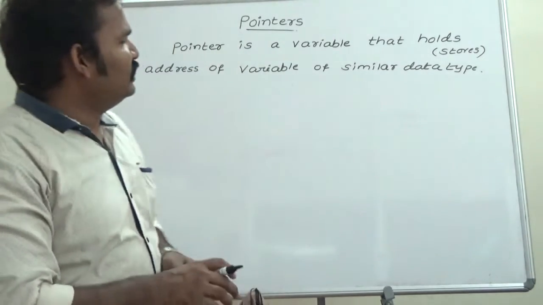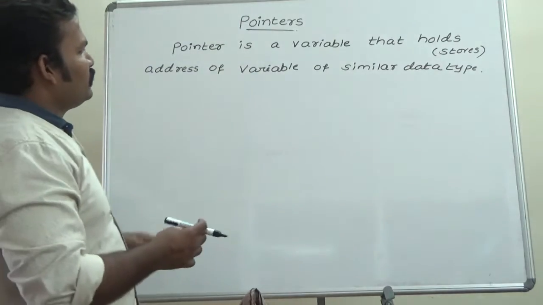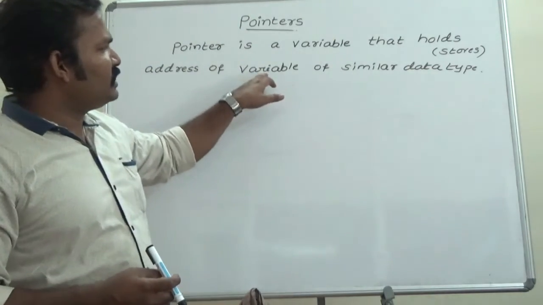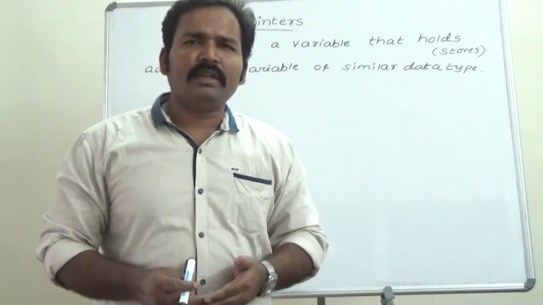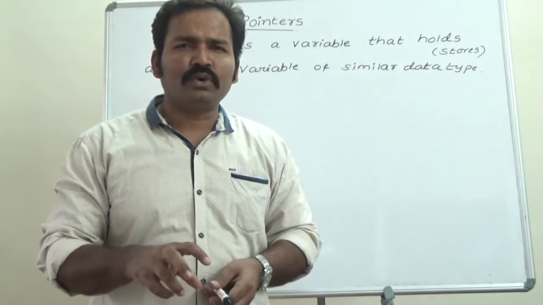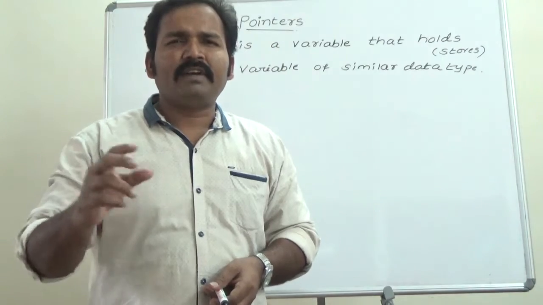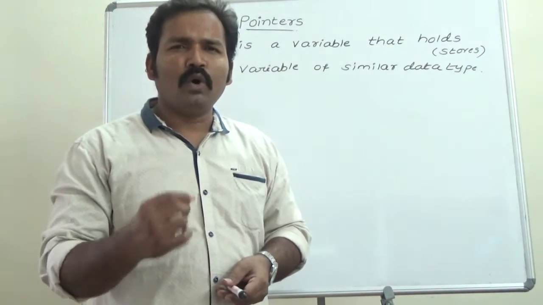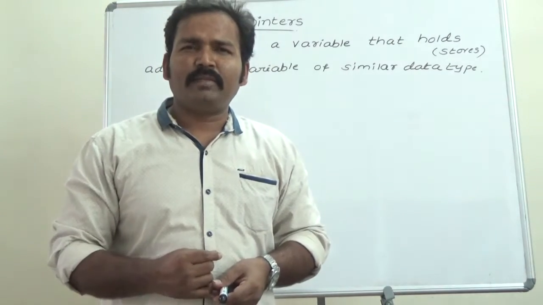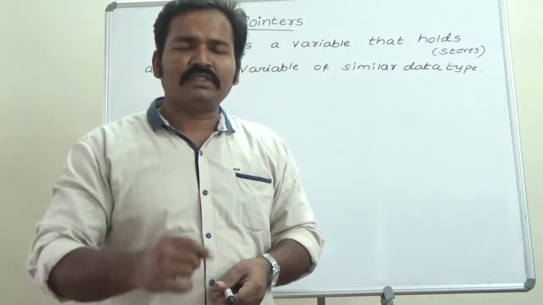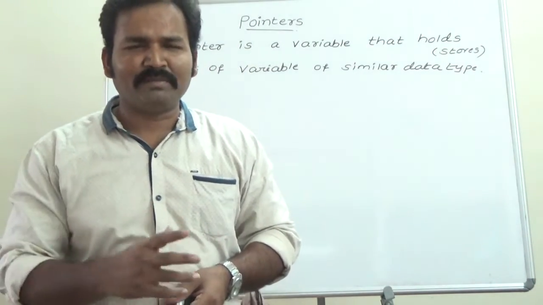We already discussed variable. What is a variable? A variable is a name of the memory location which is used to store different data values. A variable can hold a single value at a time, but it can change the values during the program execution time.